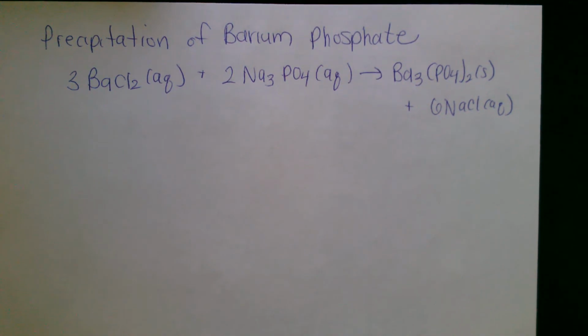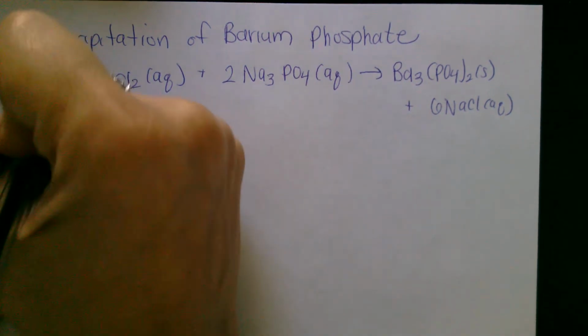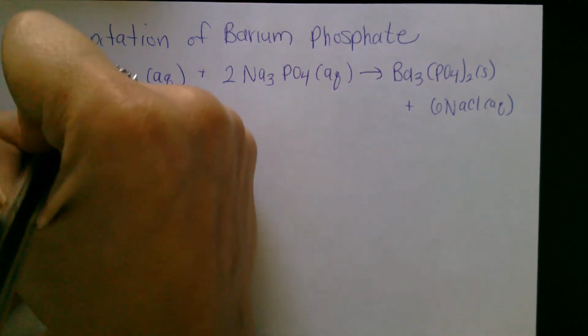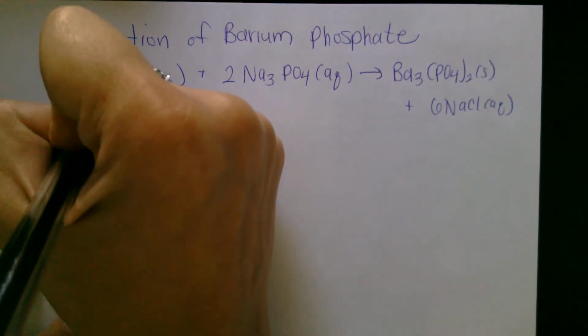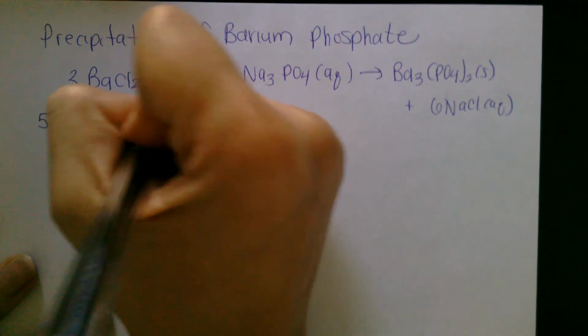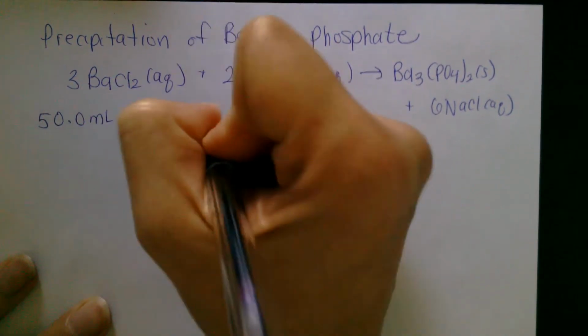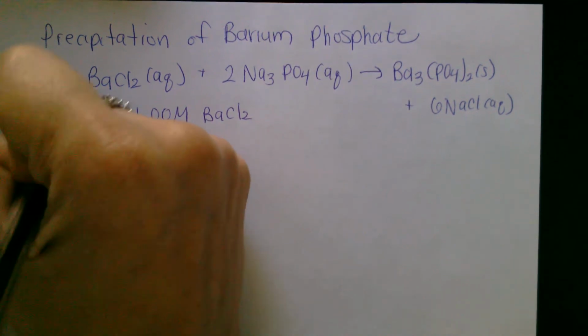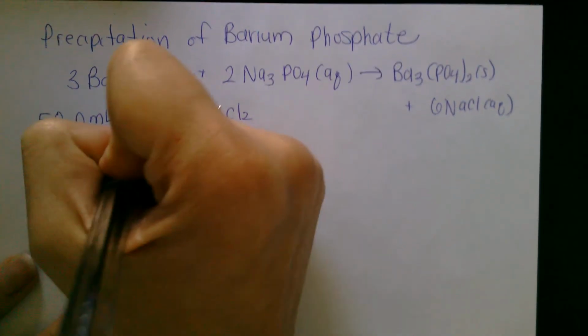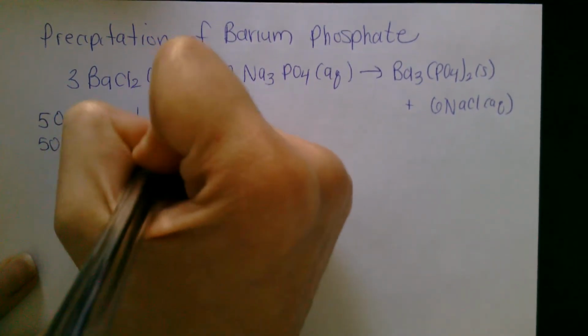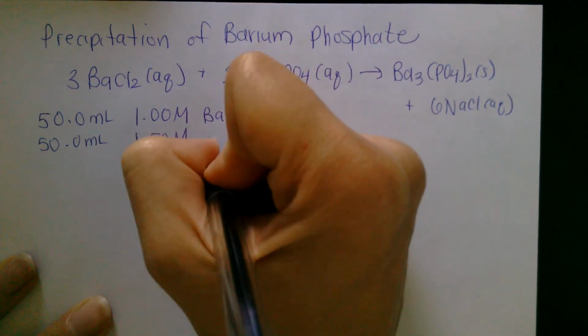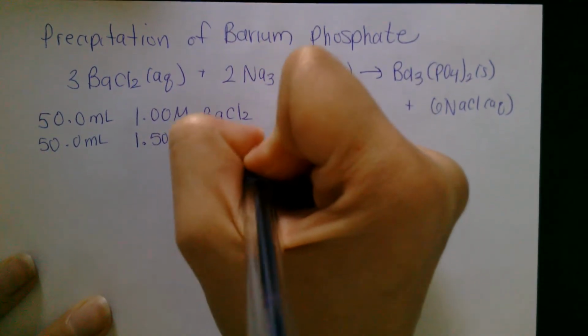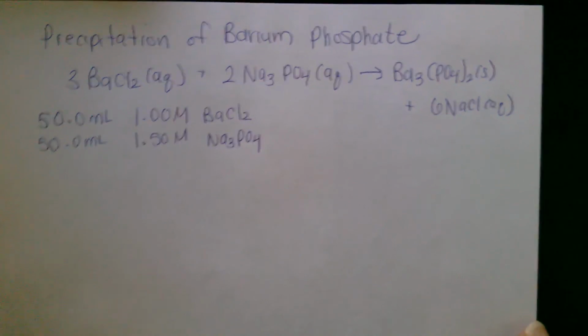Okay, so we're going to solve for how many grams of barium phosphate are going to form when we combine 50 milliliters of a 1 molar solution of BaCl2 with 50 milliliters of a 1.5 molar solution of Na3PO4.